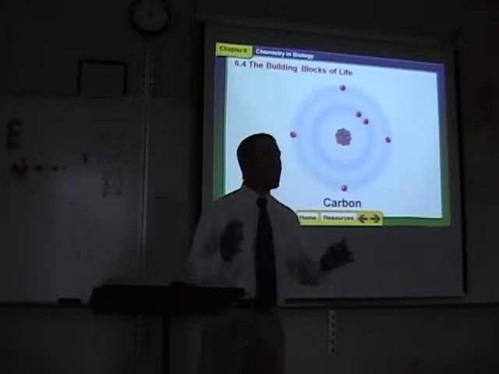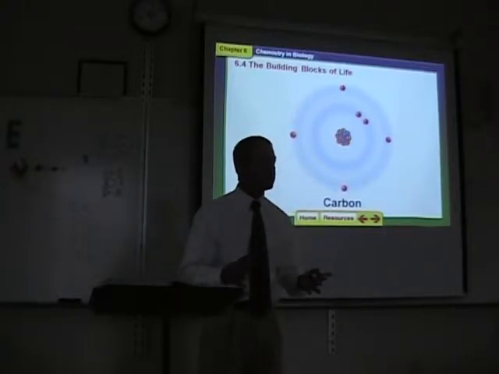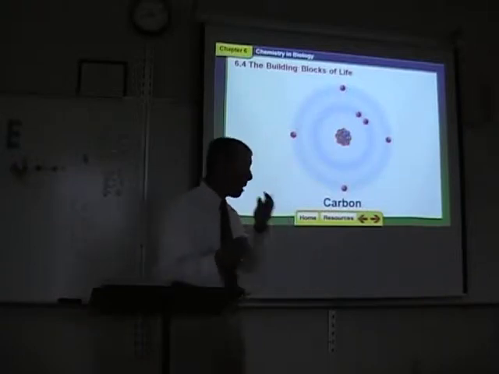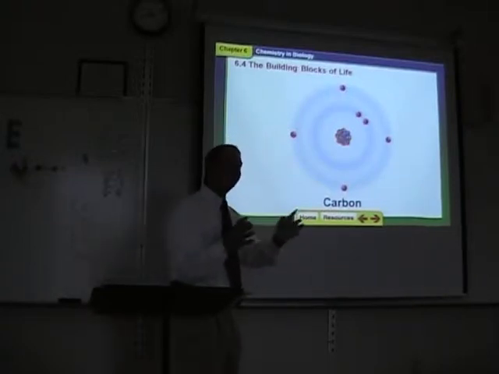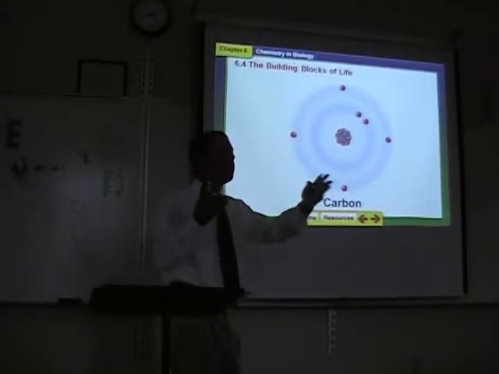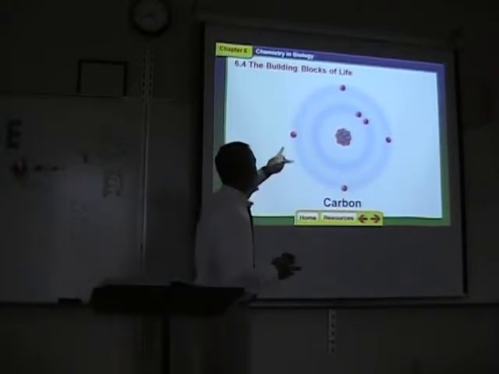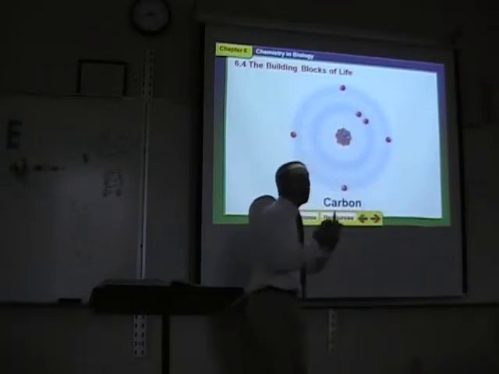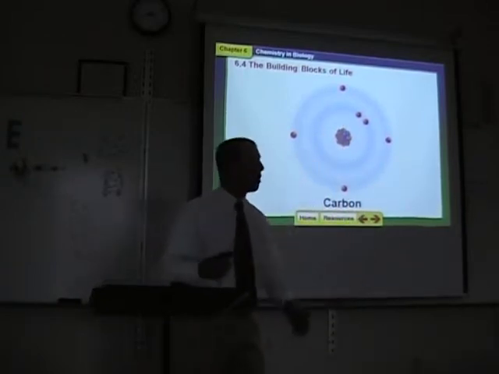It's sort of the only atom that can do this, besides silicon and a couple other things. But carbon's the only atom that's in any abundance that can form 4 bonds. And because of this, it'll form really big molecules.